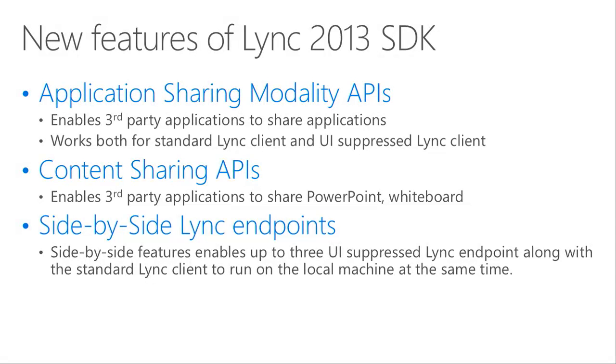It works both for the standard Lync client and the UI suppression mode. That means that you can use the Lync client and have your application control it, or you can use the UI suppressed Lync client and build your own UIs. That gives you a lot of flexibility to build your line of business applications.